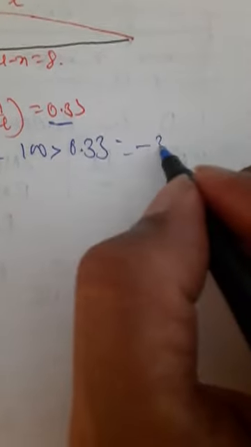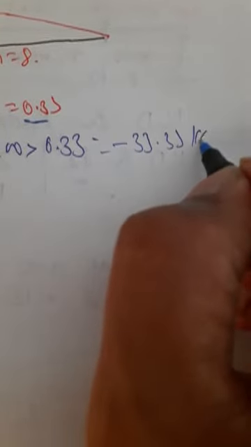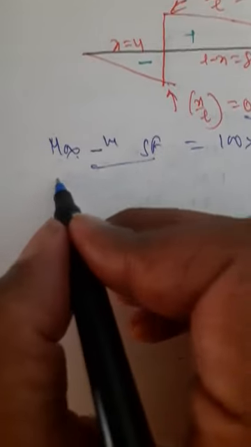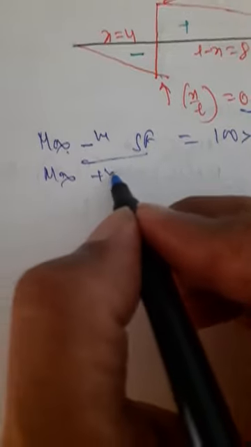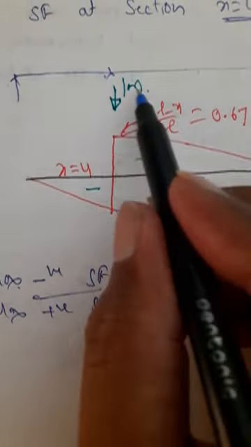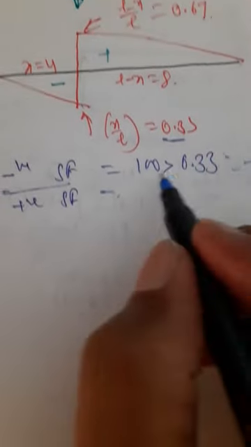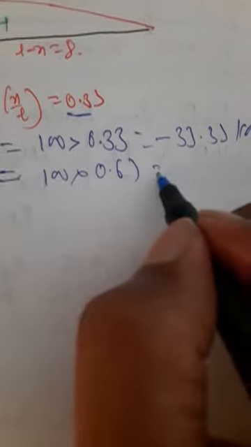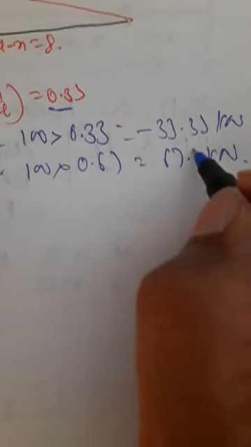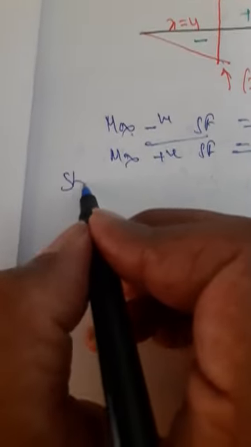So you have the answer minus 33.33 kilonewtons. Similarly, maximum positive shear force is load into this ordinate, equal to 100 into 0.67, that is 67 kilonewtons.